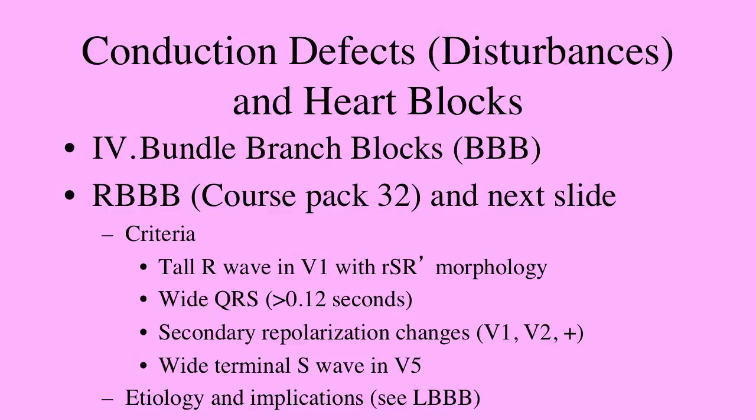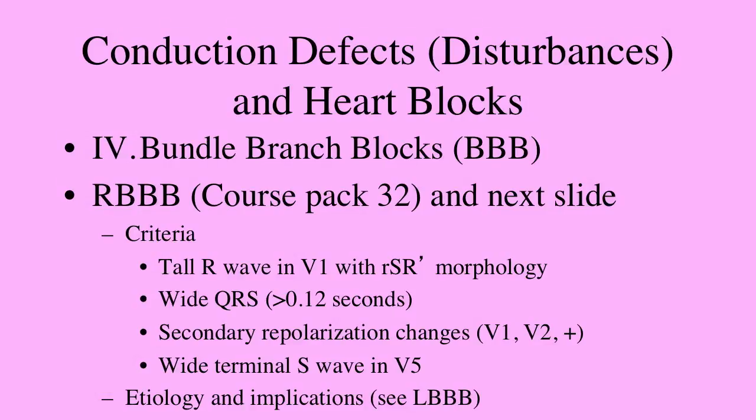Morphology is a fancy word for the shape of the EKG. In RSR prime, the first R wave, usually indicated with lowercase r, is small, then the S wave goes below the baseline, and then the second R wave is usually indicated as uppercase because it's large. It's the second R wave, so R prime is the usual nomenclature.